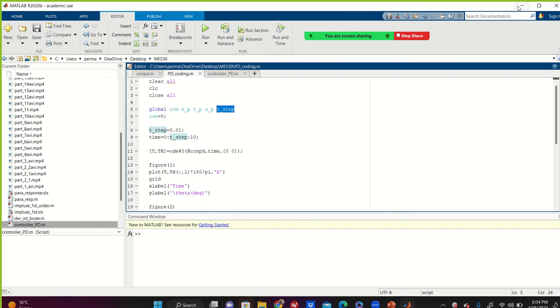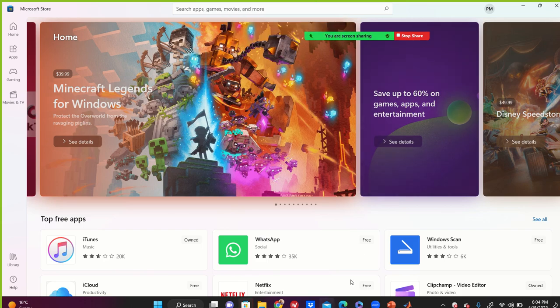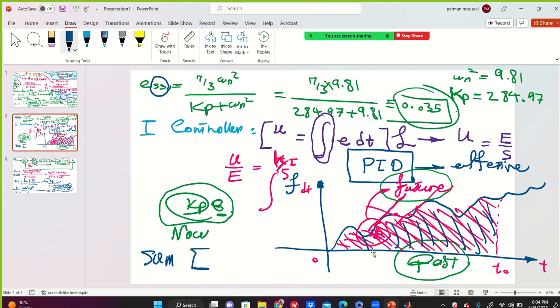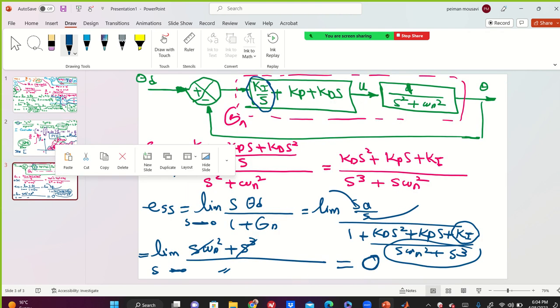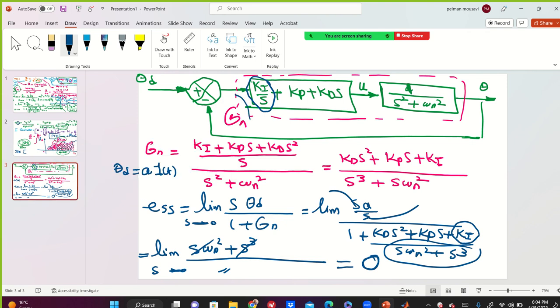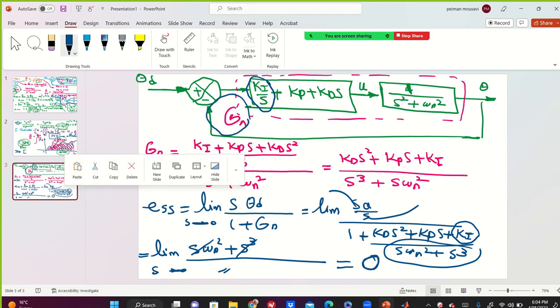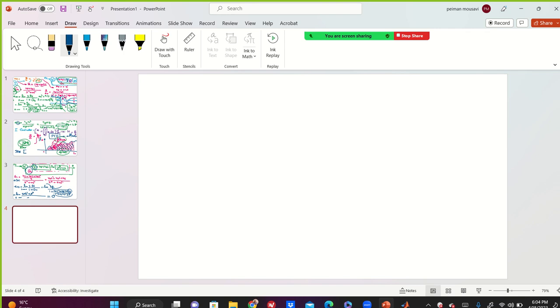Okay, before continuing, guys, don't forget, this is your G, right? If I calculate the closed-loop transfer function, theta over theta d, you're going to have new G over 1 plus new G, remember? Now you have to know it.